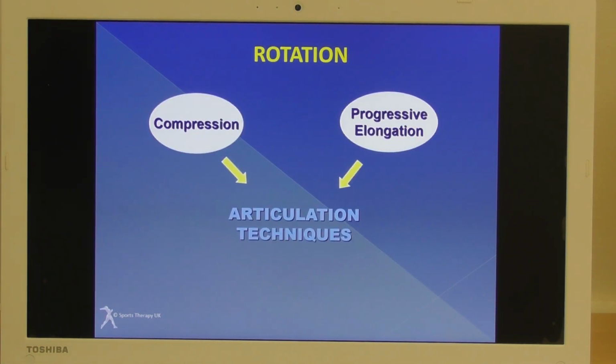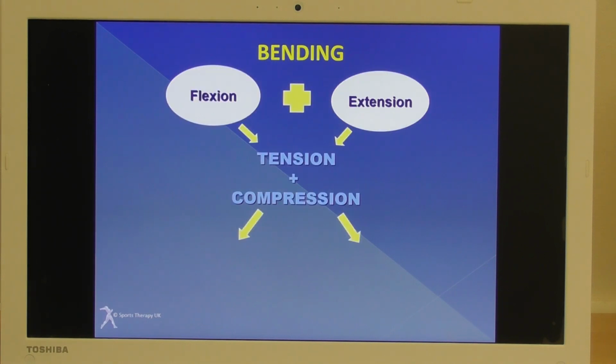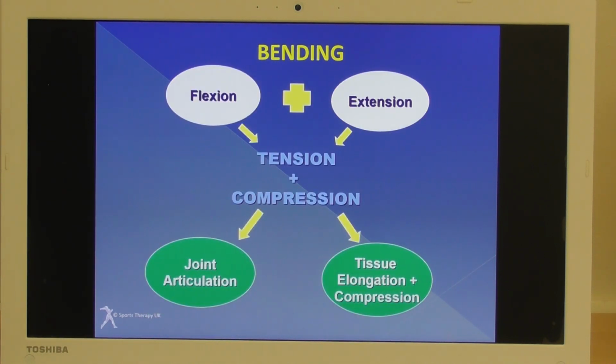Rotation happens round at the joints, so we've got compression and we've got kind of articulation and progressive elongation round the joint. Bending, we then got this flexion extension if we take the knee joint, so then there's tension building up around the joint and compressing fluid inside the joint.